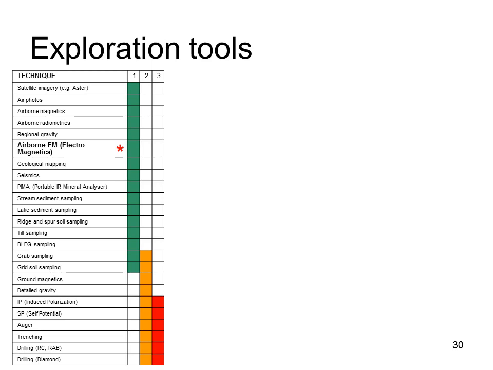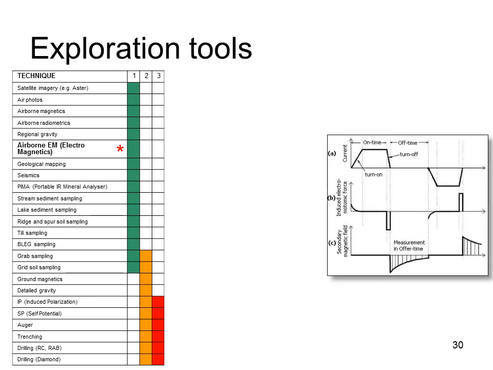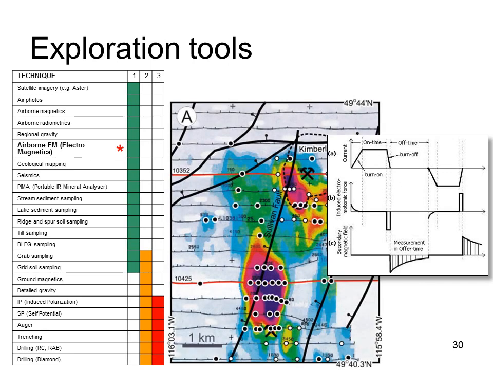Airborne electromagnetics, or EM. There are several techniques of airborne EM, including INPUT, GEOTEM, MEGATEM, VTEM, and ZTEM, but they're all variations on a theme. They basically generate an electromagnetic signal, and then they measure its decay, plotting this variation over the area.